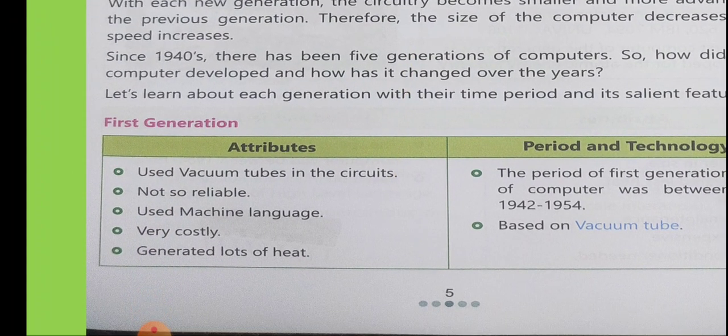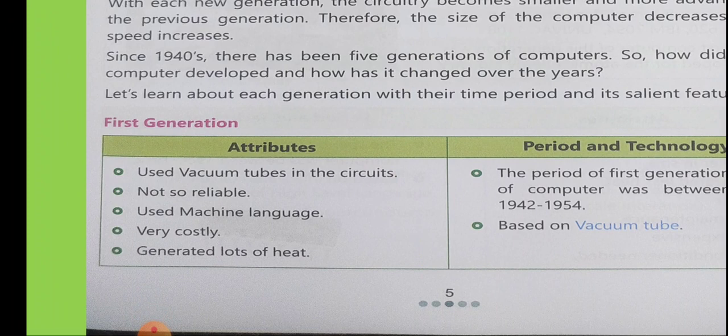And the first generation of computer, first generation of a computer. The first generation starts from 1942 to 1954. So we can say that the period of the first generation of a computer was between 1942 to 1954, and in this period the technology used is vacuum tubes.